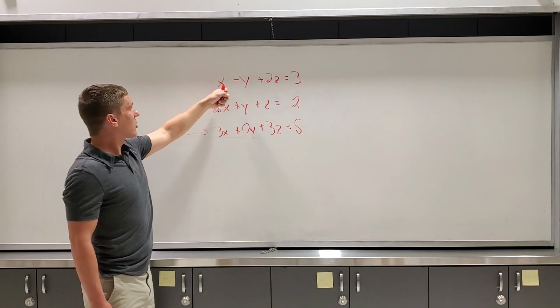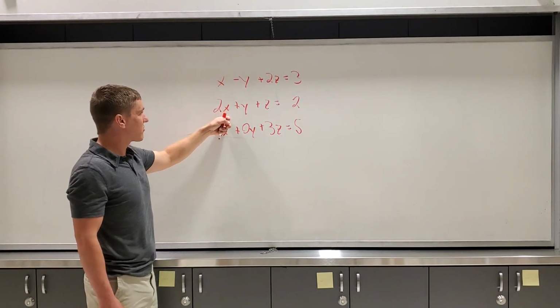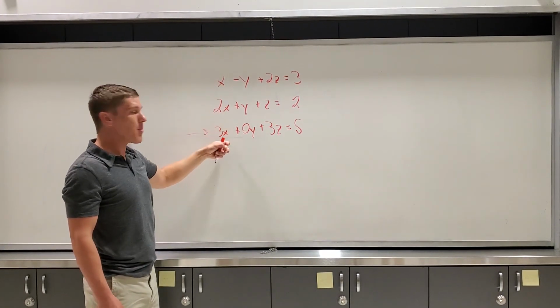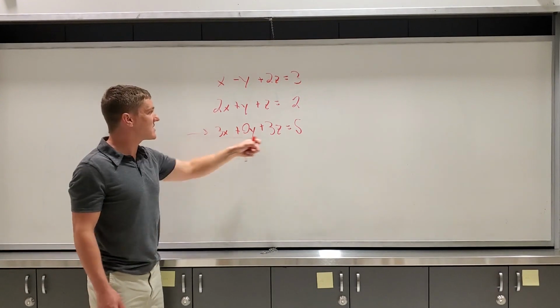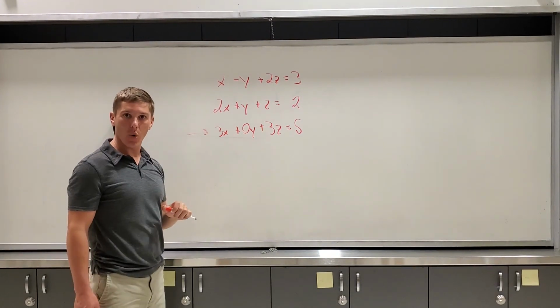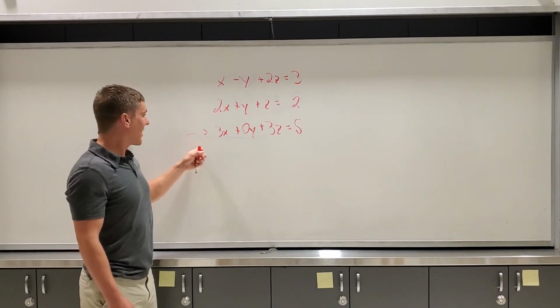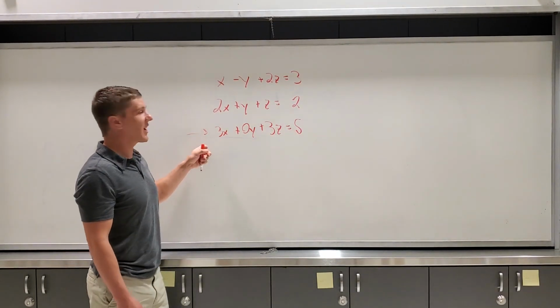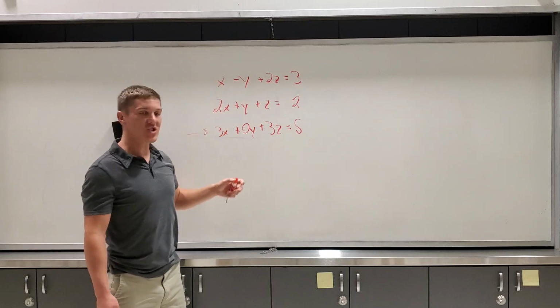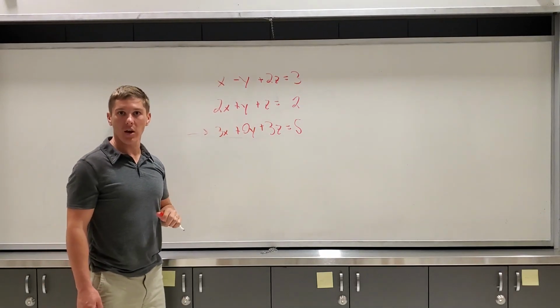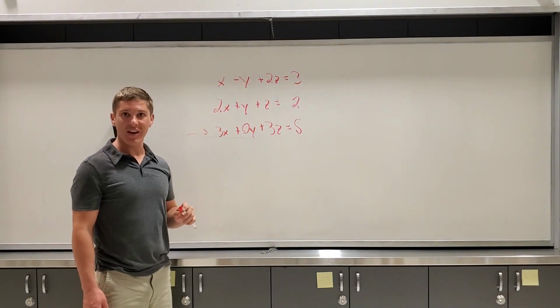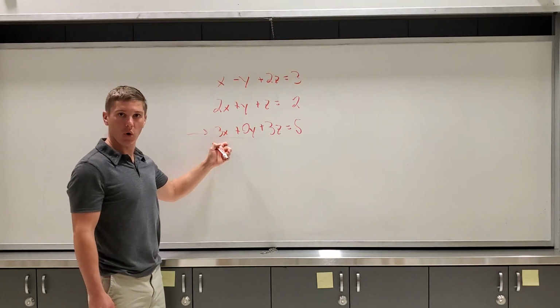So if I did something like 2 times the first equation minus 5 times the third equation, that will get me another equation, but it's still a combination of those 2 equations, and it is not linearly independent. So because this last equation is not linearly independent, this system of equations will still have an infinite number of solutions. That's an example of what we're talking about.